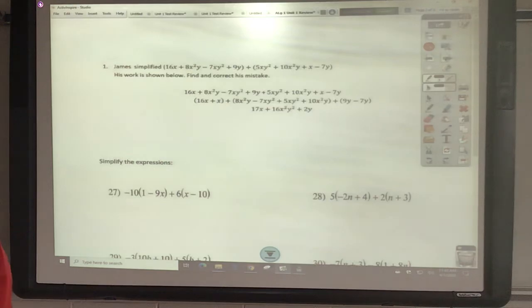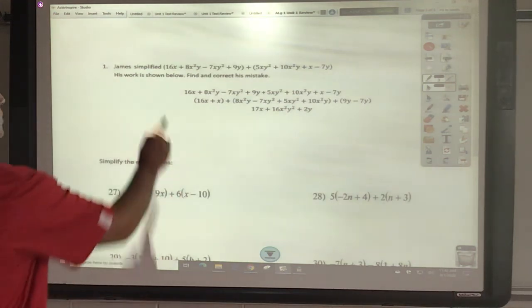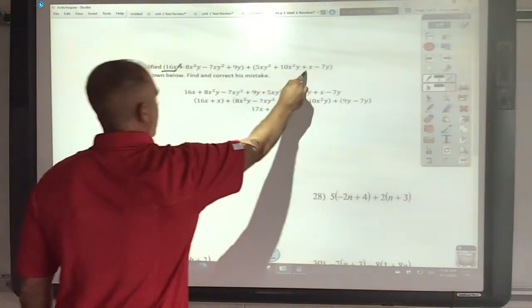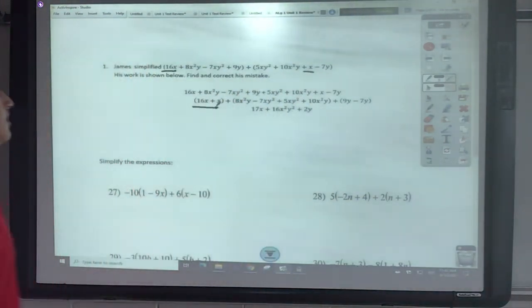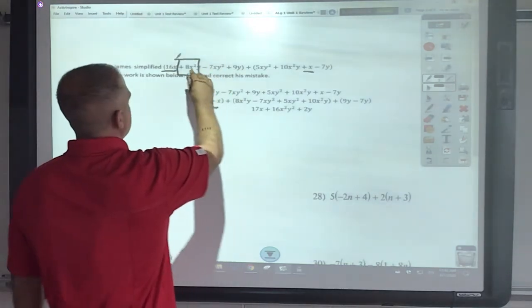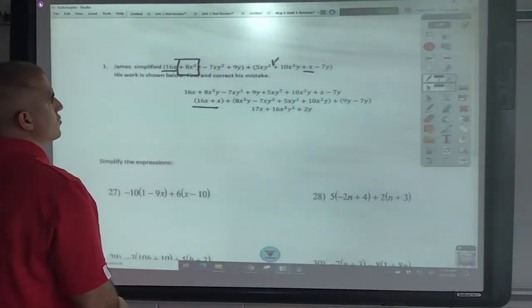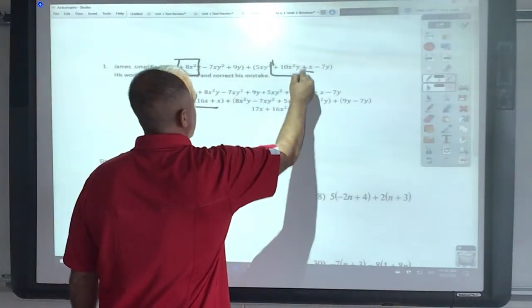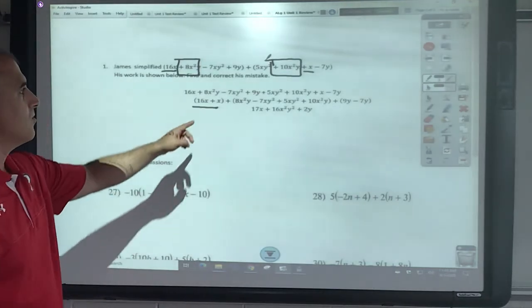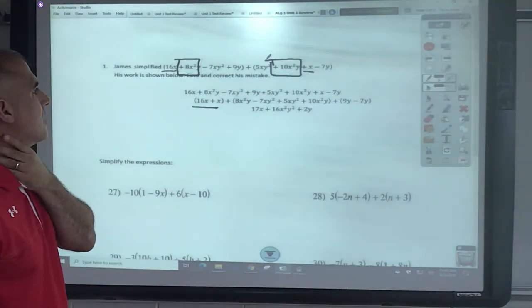James simplified this. What he's doing is he's trying to group like terms. So the 16x and the x would be grouped here. The 8x squared y should link with this 10x squared y. Now, we'll see what he ends up deciding there.